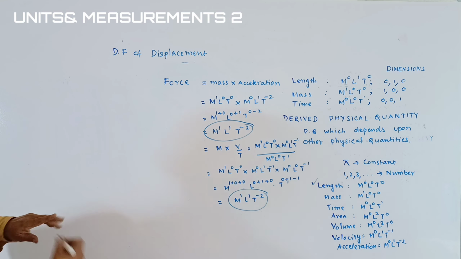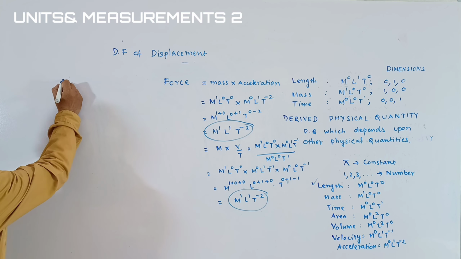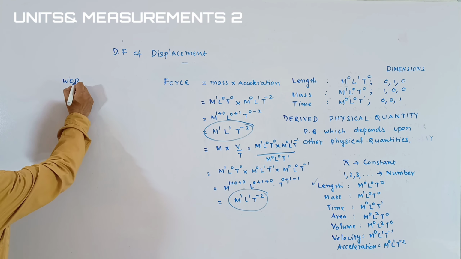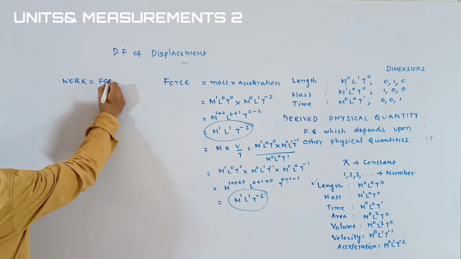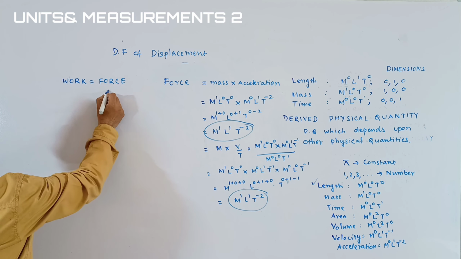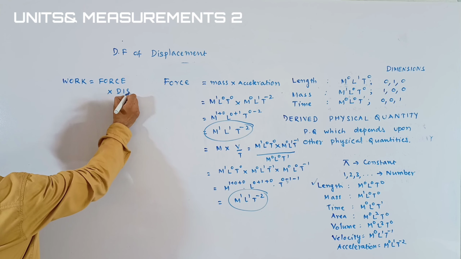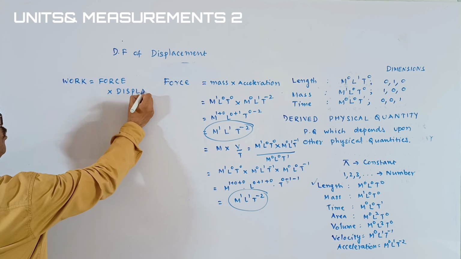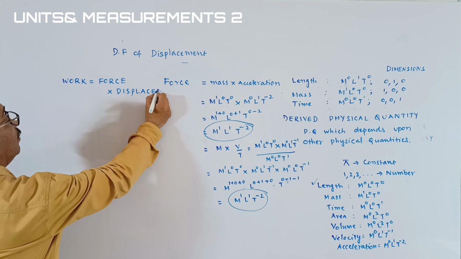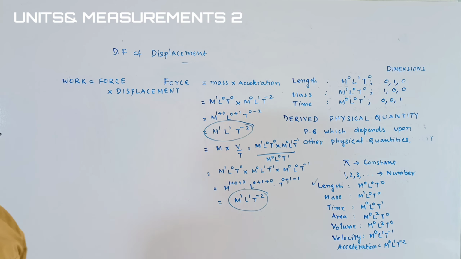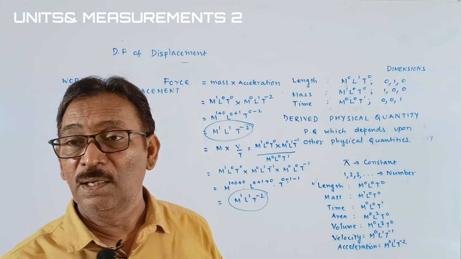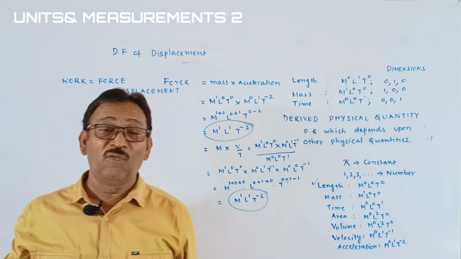Okay, students. Now we are writing the dimensional formula of work. What is work? Force multiplied with the displacement, students. It is a mathematical relation. Actually, you have to define the work like this.